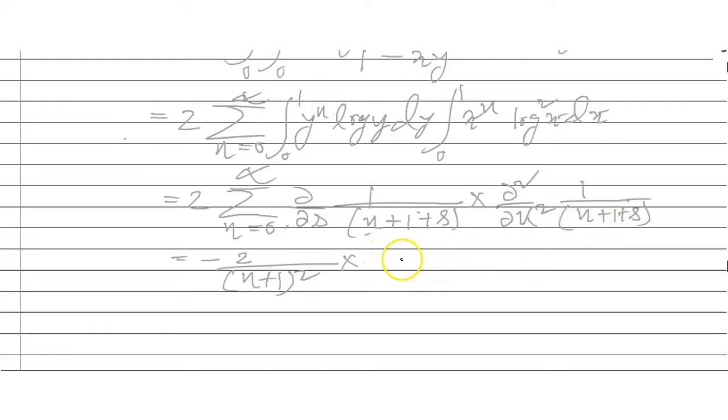When I use successive derivative, then it will become 2 divided by n plus 1 whole cube, as d/dx of x to the power n equals n into x to the power n minus 1.